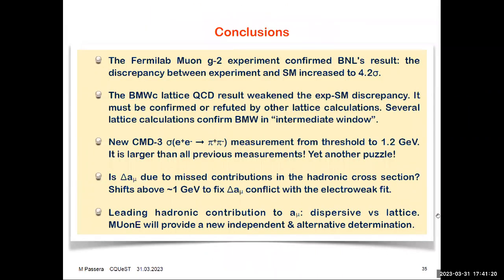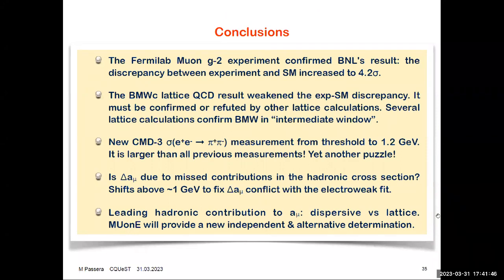Here are my conclusions. I think that you will agree with me that there are some certainties, and one is that Fermilab confirmed Brookhaven. But already the fact that the discrepancy increased, back then to 4.2 sigmas. But after that, there were developments. And the developments were the BMW lattice result, an incredibly precise result on the lattice.